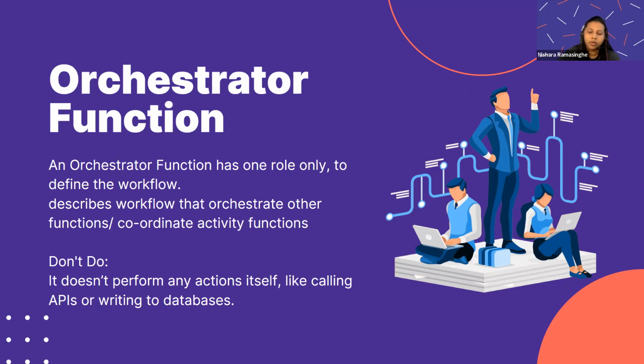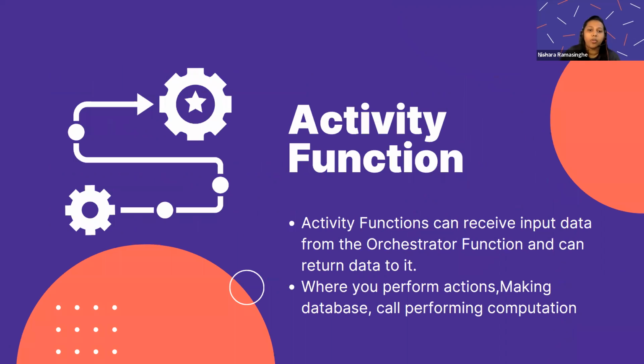So with this concept, where are we going to perform actions? That is where the activity function comes in. It is mainly called by the orchestrator function, performs work, and optionally returns a value.